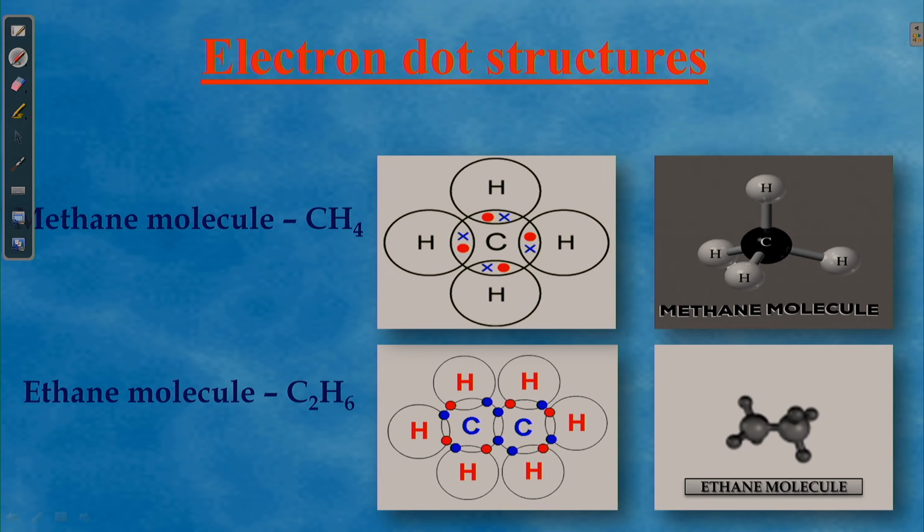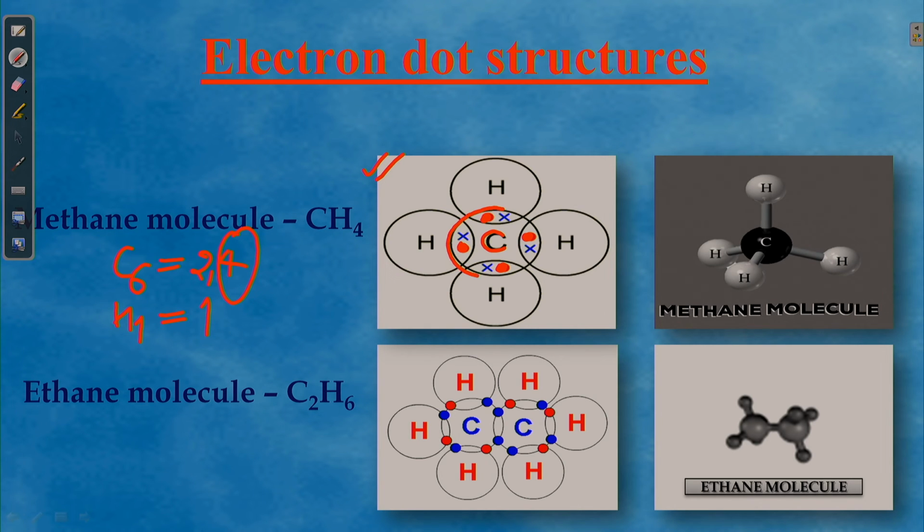Now we are going to discuss the electron dot structure of methane and ethane molecules. We know that carbon has 6 electrons, so the electronic configuration is 2 and 4, and hydrogen has 1 electron in its last shell. So, this is the structure for CH4, where the carbon atom has 4 electrons in its valence shell, so it will share 4 electrons with 4 different hydrogen atoms, and hydrogen has a single electron, so it will share.